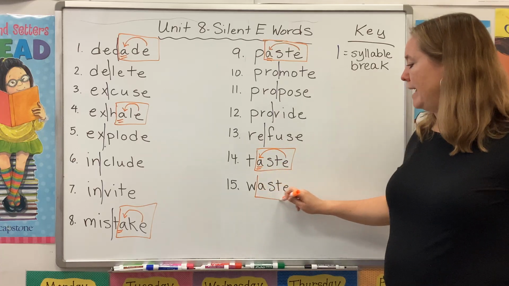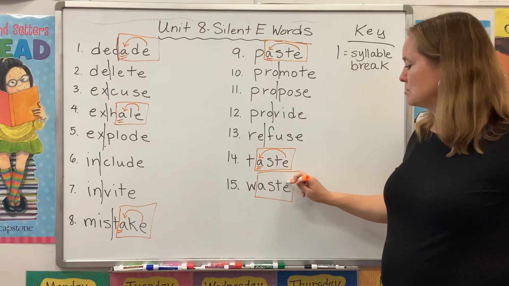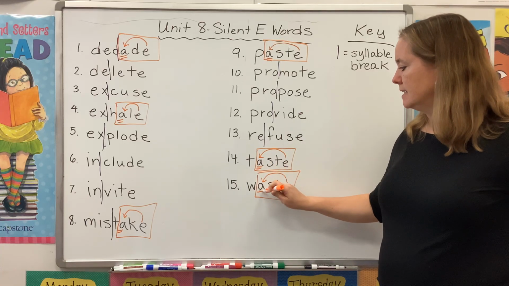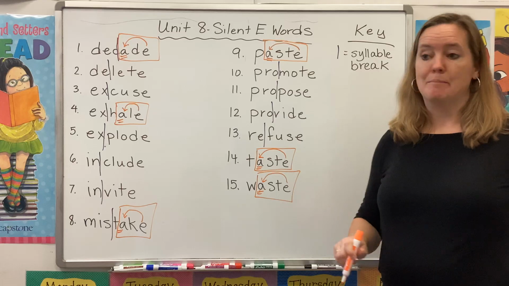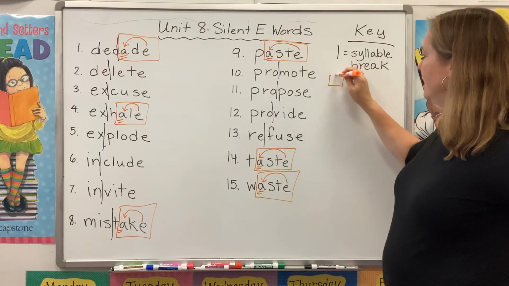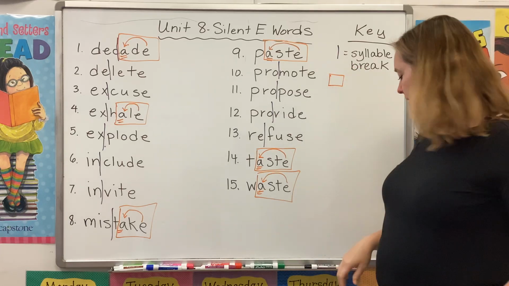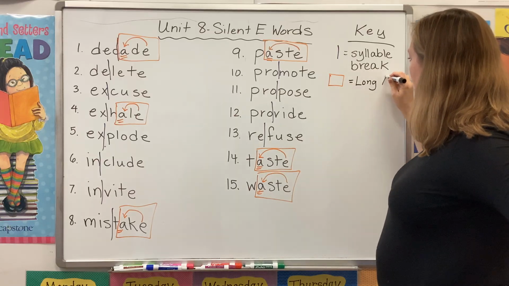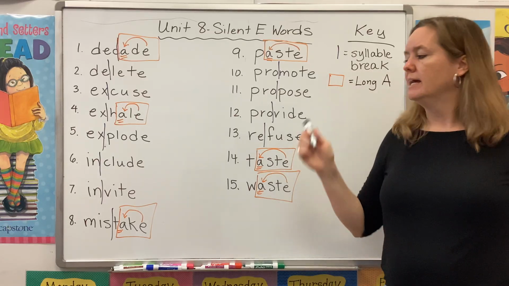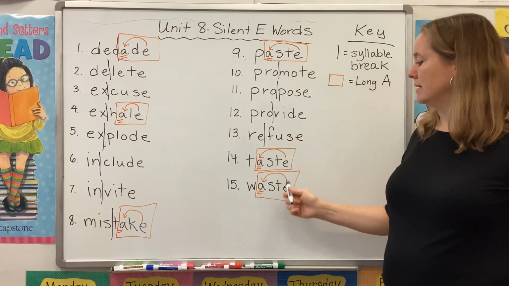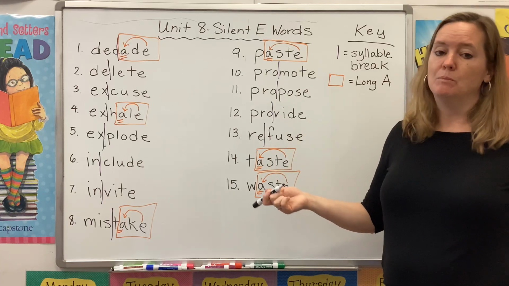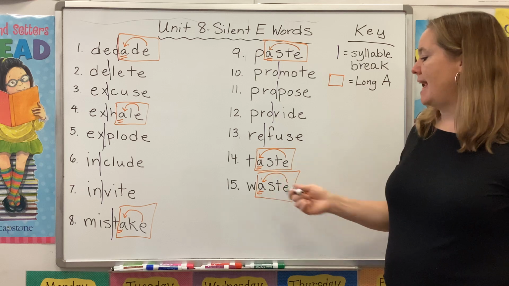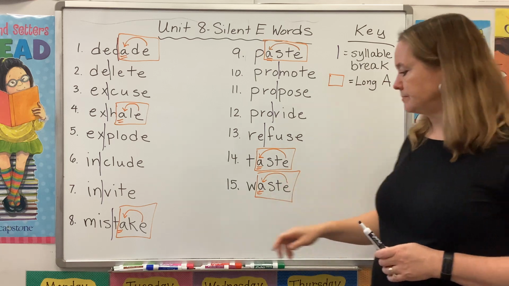And here in waste, it jumps over two consonants to make the A say its name. So orange box equals long A, okay? In all of those words, the bossy E or the silent E, whatever you want to call it, made the A say its name.